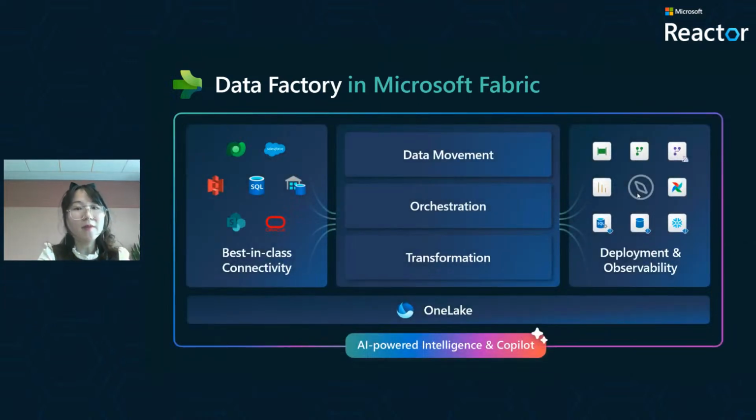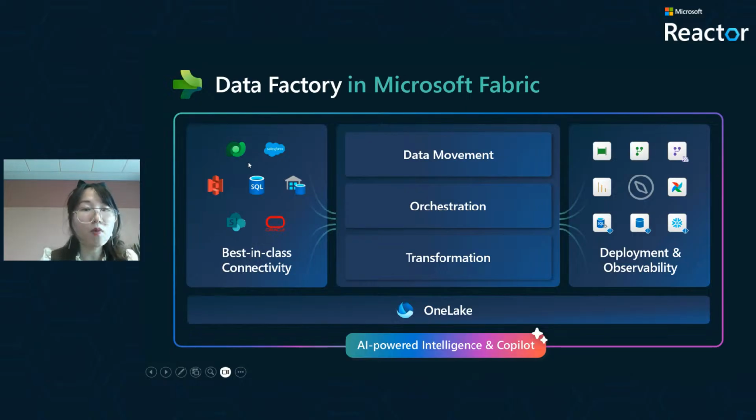Thank you all. Firstly, maybe some of you already know Microsoft Fabric. If you are not familiar with what Data Factory is in Microsoft Fabric, I will give you a short introduction. By using Fabric Data Factory, you can use best-in-class connectivity.